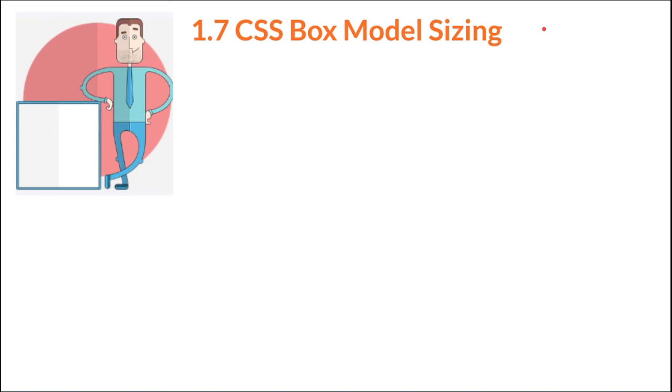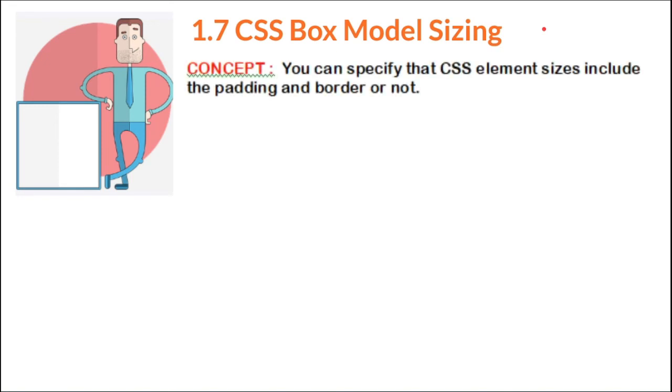Okay, CSS Box Model Sizing. The concept here is that you can specify that the CSS element size includes the padding and the border or not. Because sometimes if you're specifying a number of pixels in CSS, you're assuming that the size that you're talking about is the whole element.